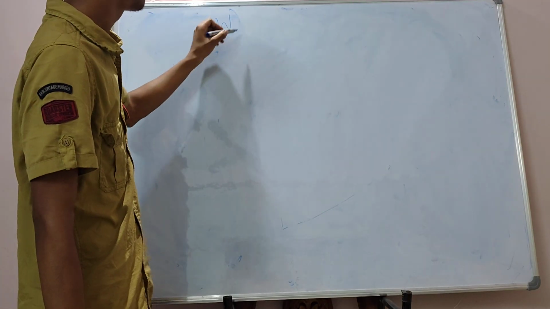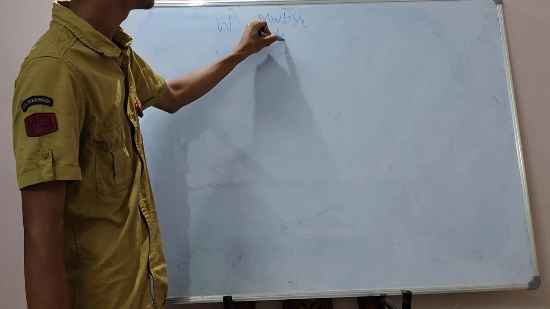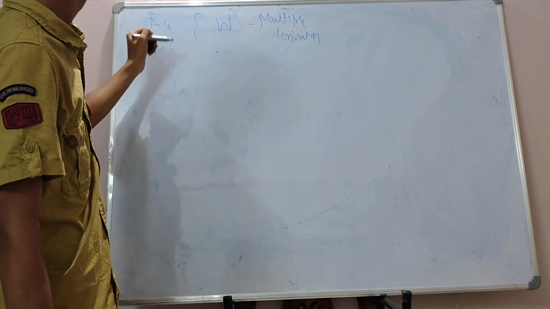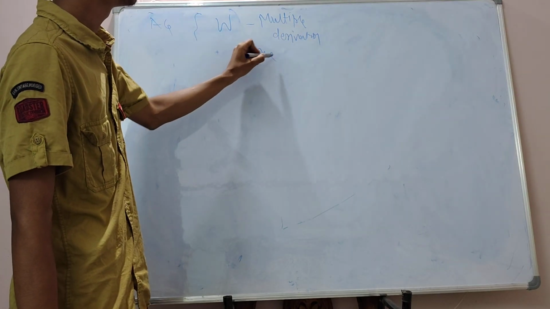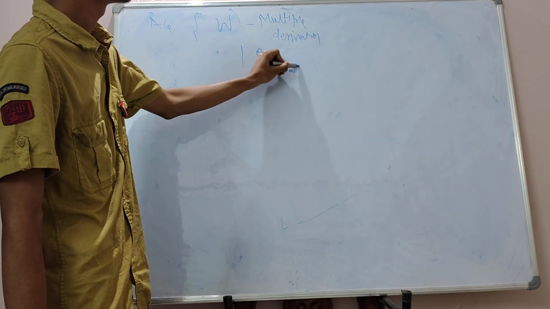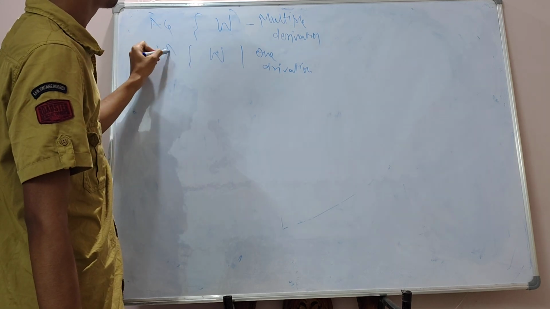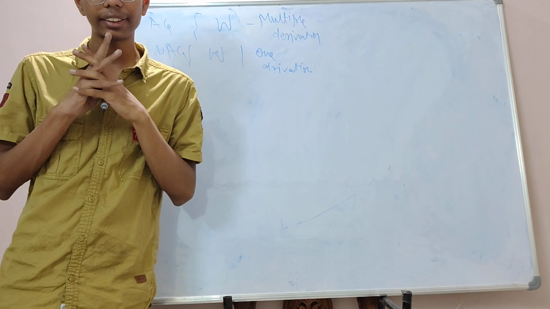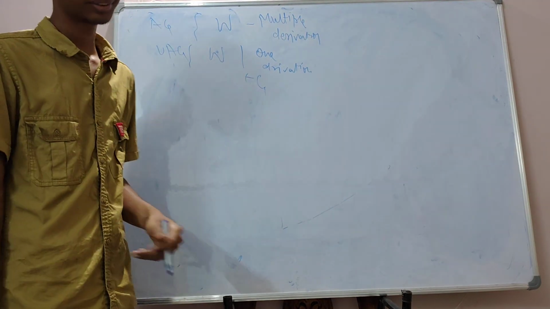Suppose I have a word and there are multiple derivations, then it is an ambiguous grammar. And unambiguous grammar means there exists exactly one derivation for any word that belongs to that grammar.